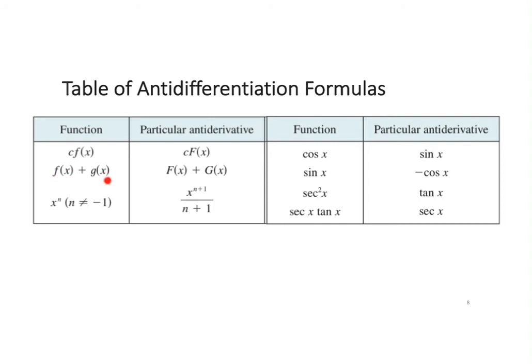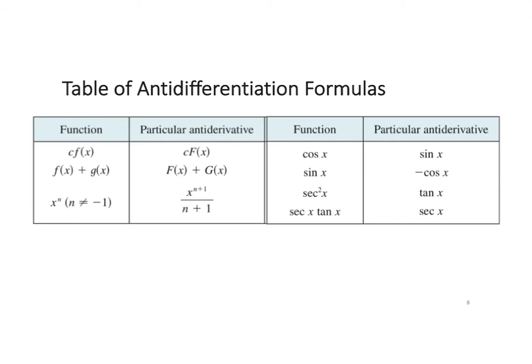If I have two functions added together and I take their antiderivative, then we add those antiderivatives together. If I have a function of the form x to the n, a power function, where n is not equal to negative 1, you'll deal with this case in Calc 2, then I apply what I would call the antiderivative power rule, where you add 1 to the exponent and you divide by the new exponent, based on that pattern we observed in a previous slide.